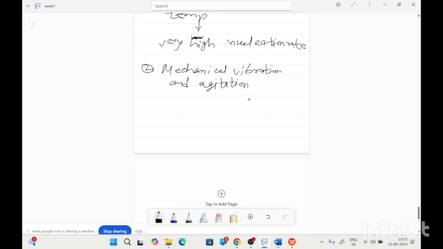The mechanical vibration and agitation provided during the solidification process break the growing dendrites, and those broken dendrites will act as nuclei for the growth of different grains. Because of the increased nucleation sites, the grain size will be refined.